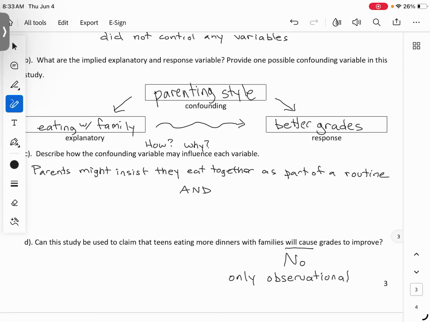And then separately, another reason why the parenting style might matter in this context: how does that matter to getting better grades? We could say, and parents might offer tutoring or help with homework, right?